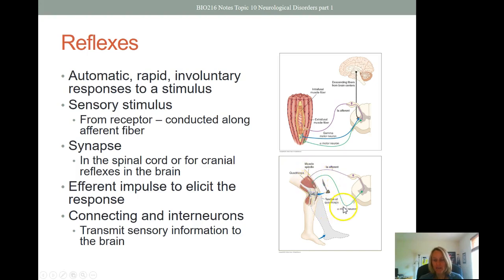Now, this is a reflex that does not involve any higher brain centers. Yes, that information does get conveyed to higher brain centers, but that's after the knee has already kicked out. So what we're going to find when we talk about spinal cord injury is that we can still have intact reflexes. They just can't be controlled from the central nervous system.